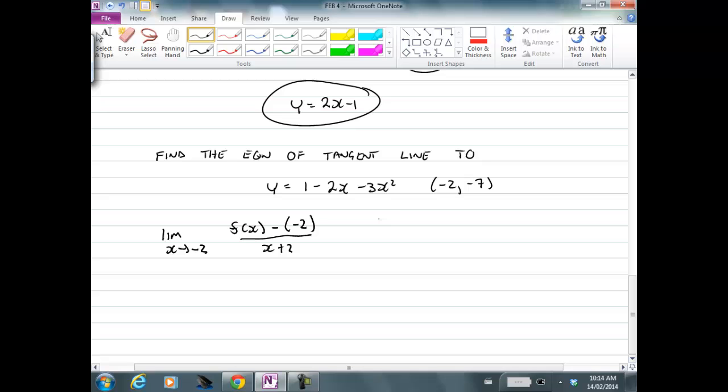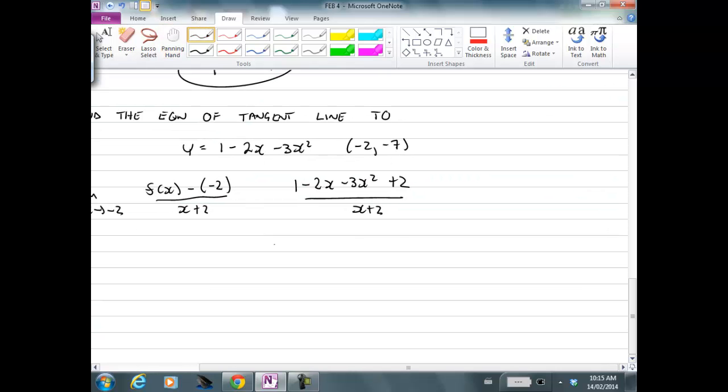You went 1 minus 2x minus 3x squared plus 2 over x plus 2. So what you got, I'm going to rewrite as -3x squared minus 2x plus 3 over x plus 2, and go limit as x approaches -2.